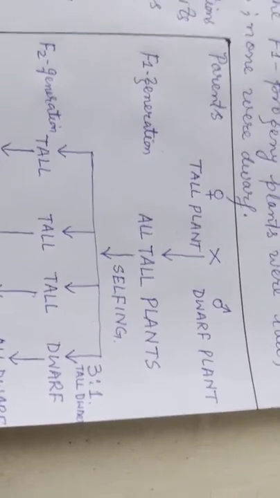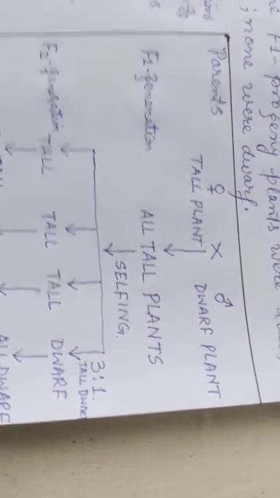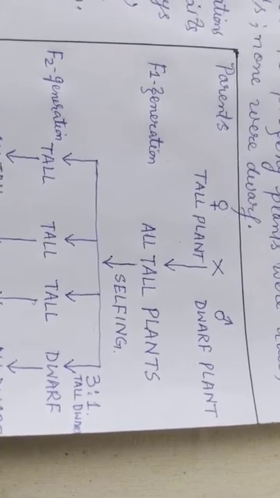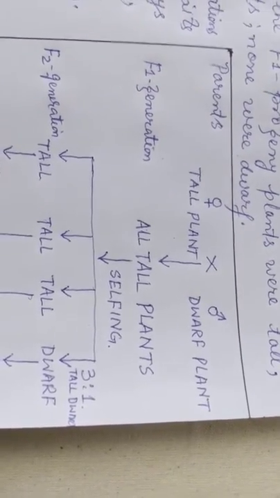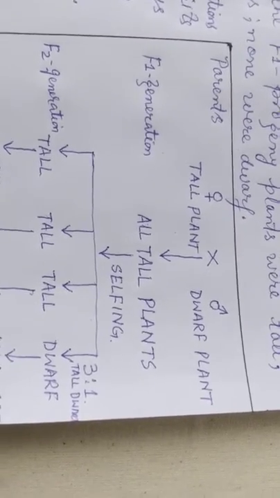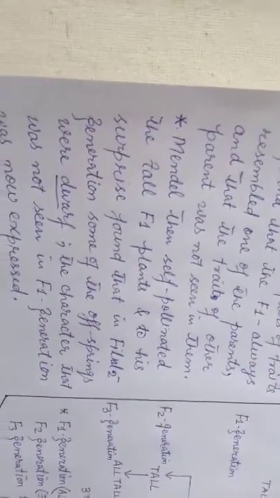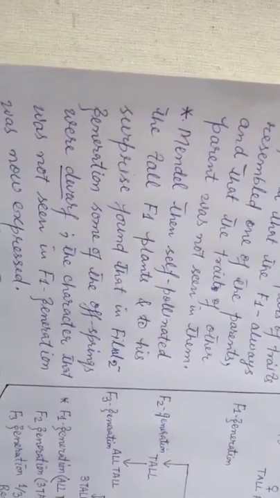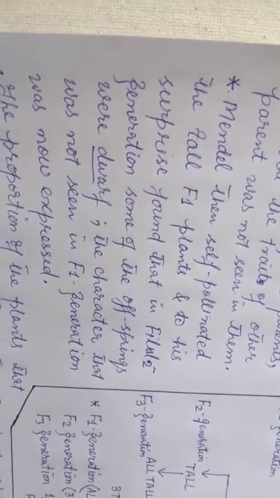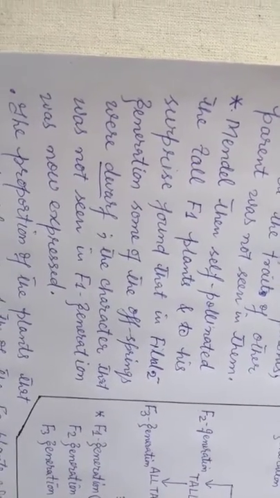Though his experiments were of large sampling size, finally he observed that the ratio of tall and dwarf was 3:1. And then Mendel self-pollinated the tall F1 plants, and to his surprise found that in the filial 2 generation some of the offspring were dwarf.